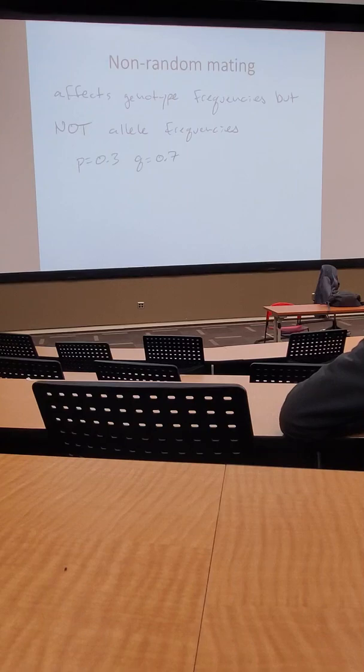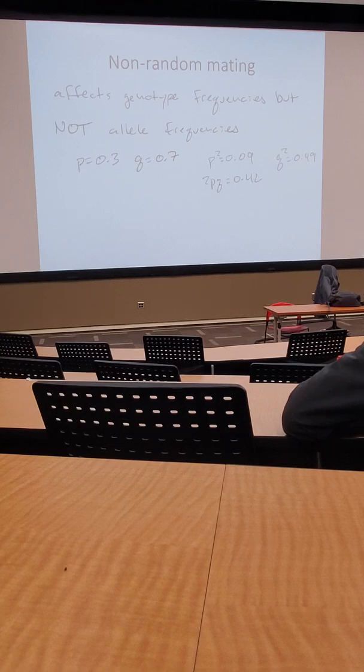In Hardy-Weinberg equilibrium, what would our genotype frequencies be? 0.09 and 0.49, 0.42.